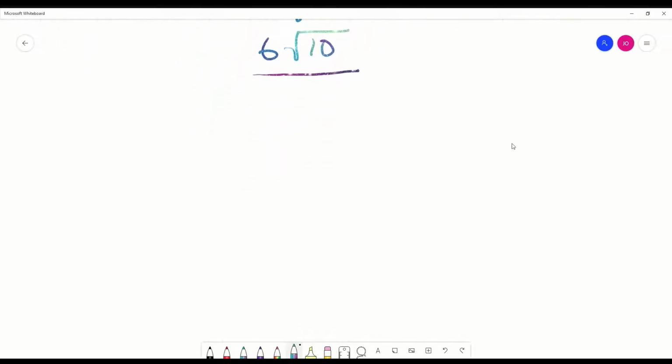Another aspect is root a squared. When you have a squared number within a square root, this is what we do.